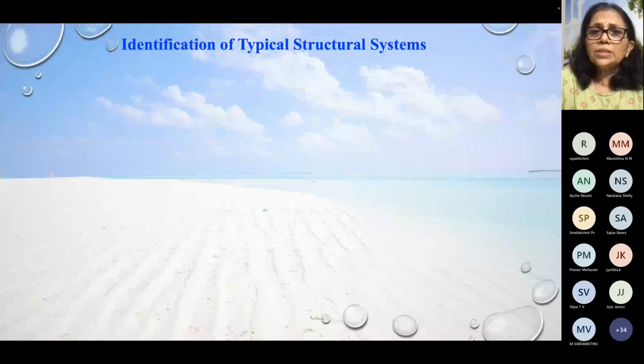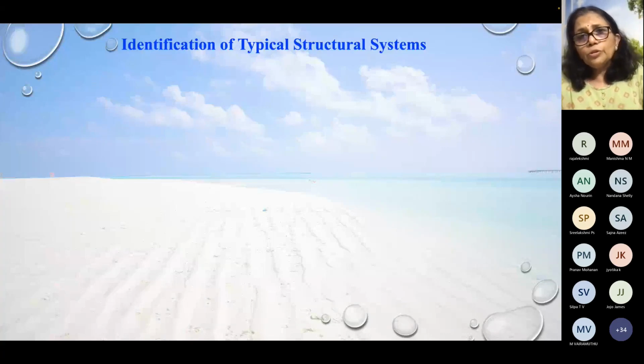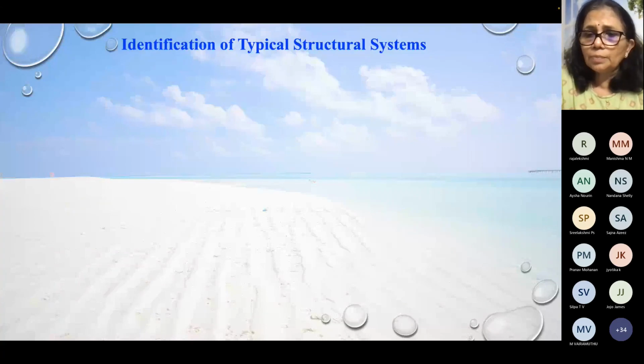Now, you have to choose a typical structural system for any type of project. So you see the project, and how do you choose the structural system for a particular project? What all things do you have to consider? Can you tell me some of the aspects you have to take into consideration while deciding on a structural system?